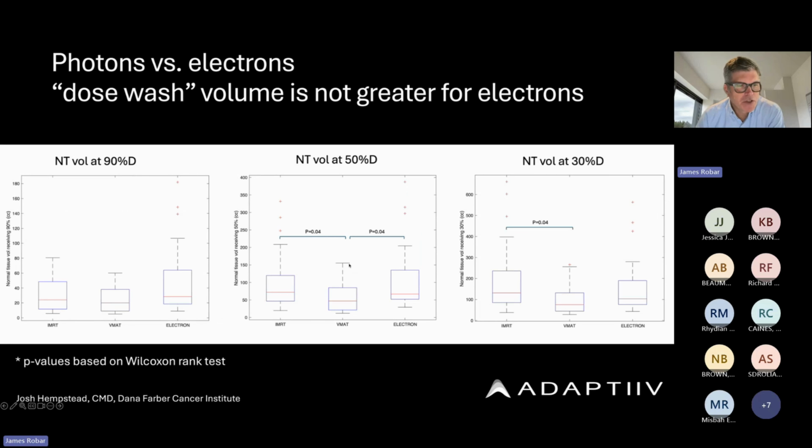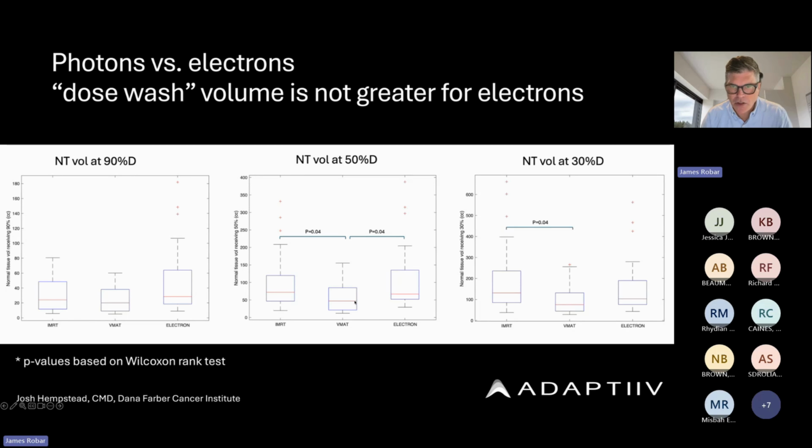Normal tissue volumes. So sometimes we associate techniques like multiple field IMRT or partial arc or full arc VMAT with a dose wash, right? But here we see at the 90% level, no significant difference actually between the electron plans. At the 50% dose, we have an improvement of VMAT over electron in terms of that 50%.